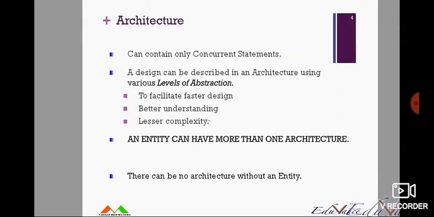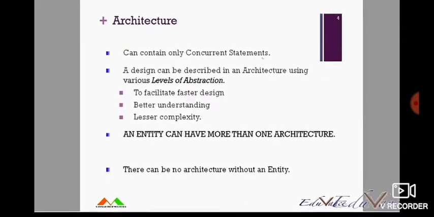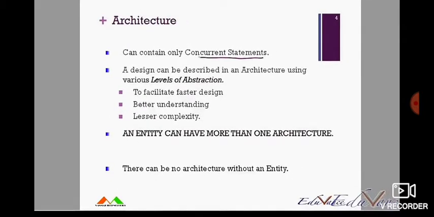So a few rules. The architecture can contain only concurrent statements. In a future lecture, we will discuss sequential statements, something that goes one after the other sequentially, but they have to be written in a special style, which we will discuss in a future lecture.